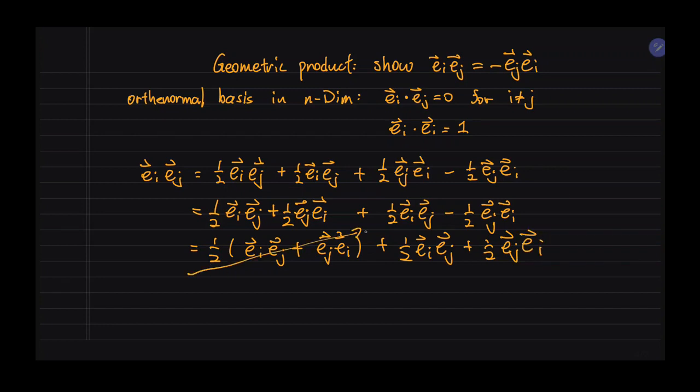This whole thing is equal to 0. So what we left is 1.5 e_i e_j, not plus, minus, sorry, minus e_j e_i.